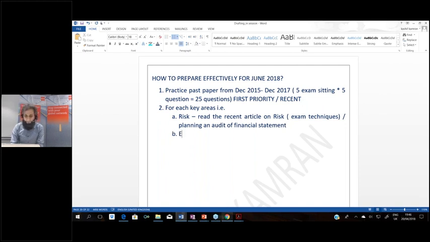Secondly, for ethical and professional issues, read the recent article on ethics, which pertains to exam techniques.